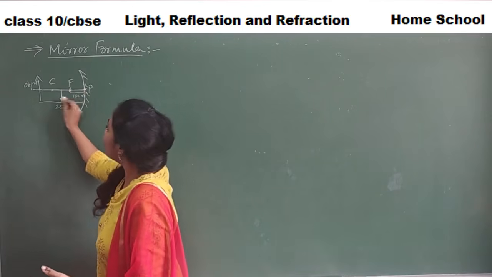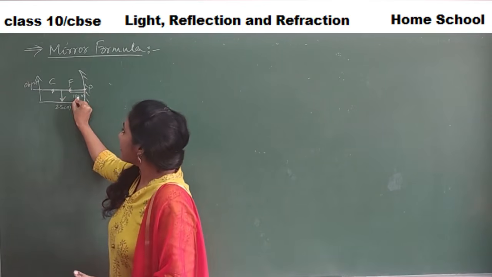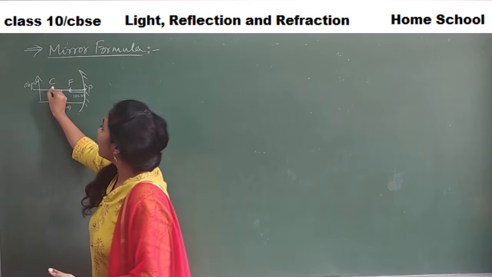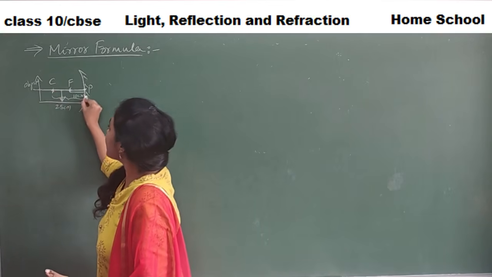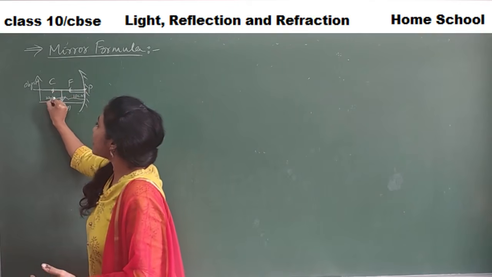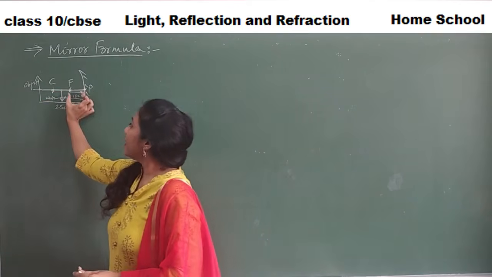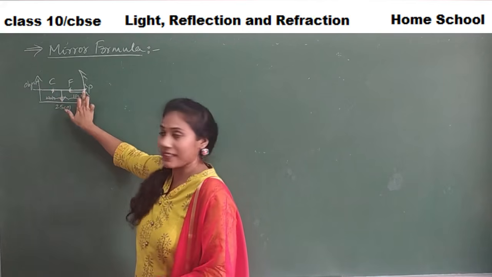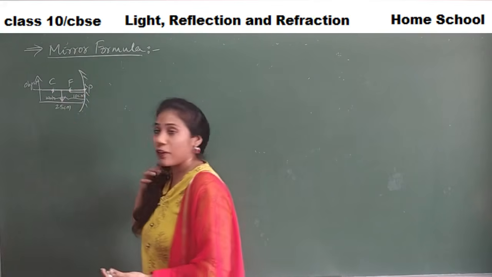You know that if this is 10 centimeters, and this is 25 centimeters, the distance between the pole and the center of curvature is definitely 20 centimeters, because the radius is double the focal length, right? Radius is nothing but the distance between pole and center of curvature.